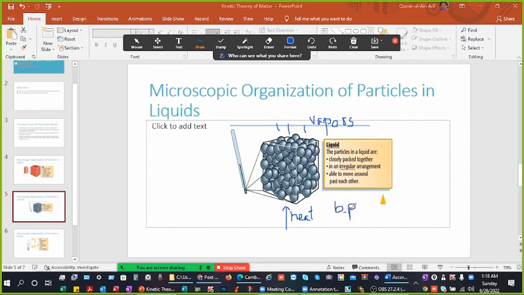At the boiling point, all of the molecules gain enough energy to break the intermolecular forces and move apart. This sliding motion changes to random motion and the liquid turns into gas. This is called boiling.